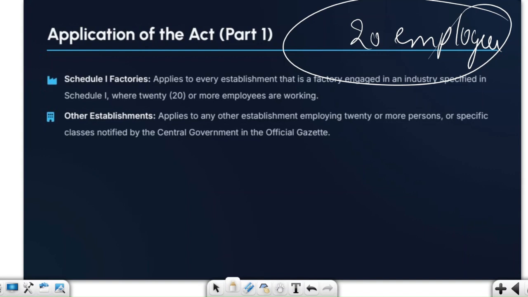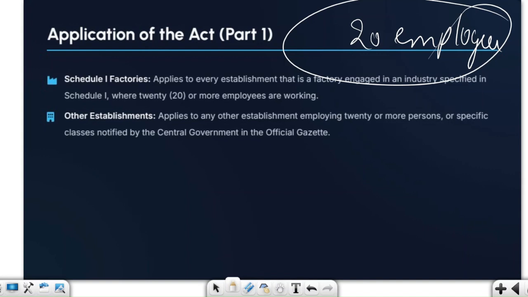See, here we are saying that this act applies when an establishment has 20 or more employees, but do not oversimplify this, okay, that every company with 20 employees automatically comes under this. For example, there is a factory where there are 25 employees, but the factory is engaged in an industry that is specified in Schedule 1. So the act will be applicable.